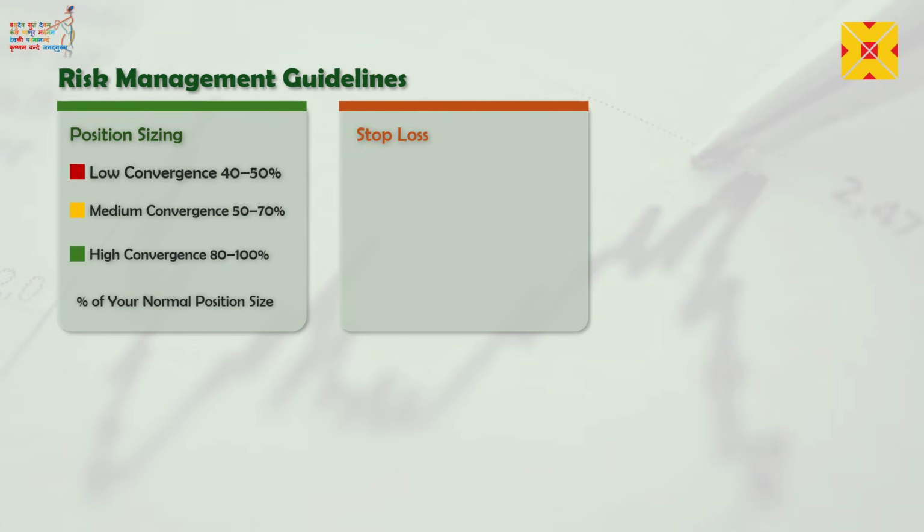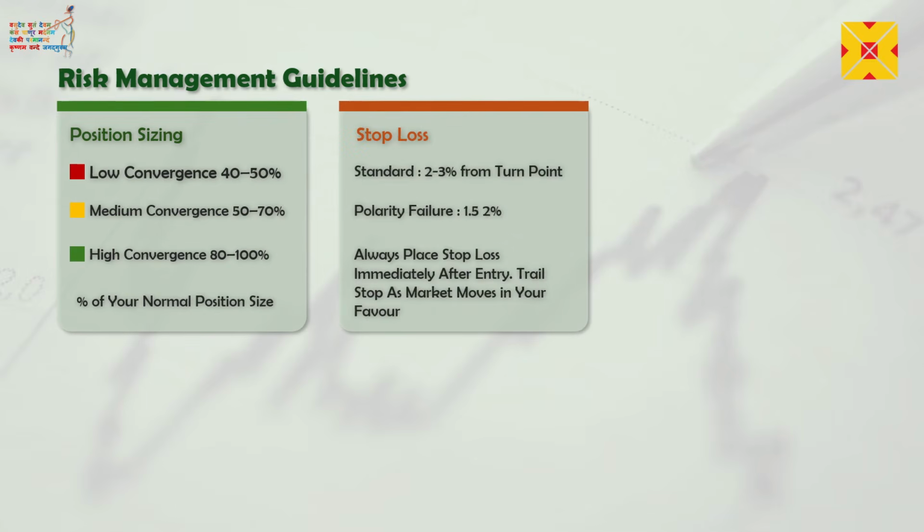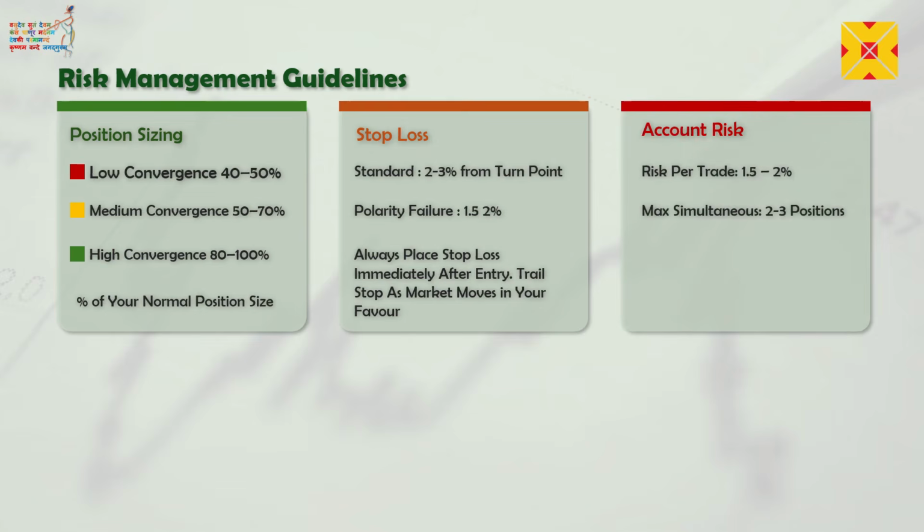For stop losses, the standard is 2 to 3% from the turn point. If you're trading a polarity failure, use a tighter stop of 1.5 to 2%. For account risk, never risk more than 1.5 to 2% of your total account on any single trade. And limit yourself to 2 to 3 simultaneous positions maximum.